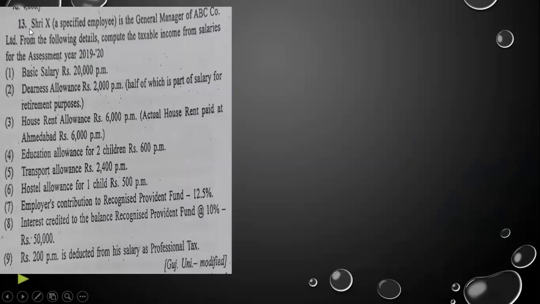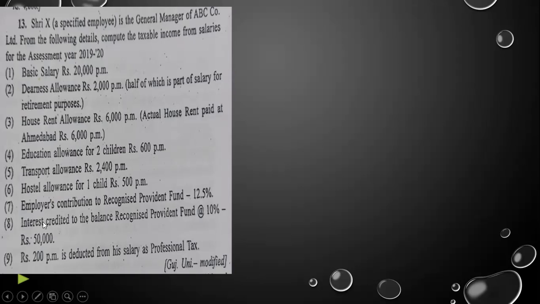In sum number 13, it is stated that Shri X is the general manager of ABC Company Limited. From the following details, compute the taxable income from salaries for the assessment year 2019-20. Here we are given basic salary 20,000 per month.